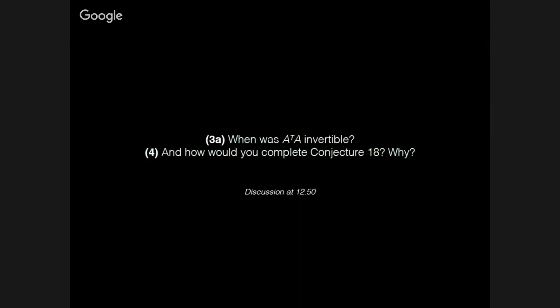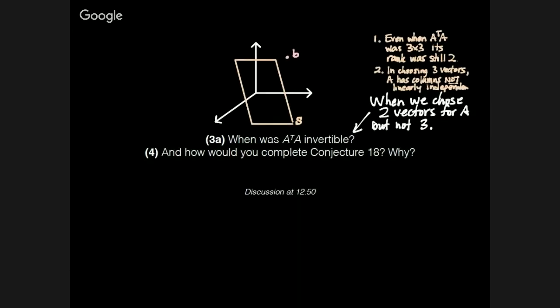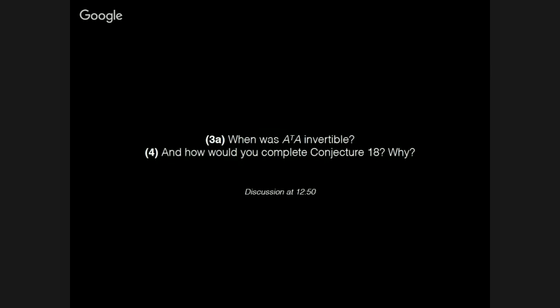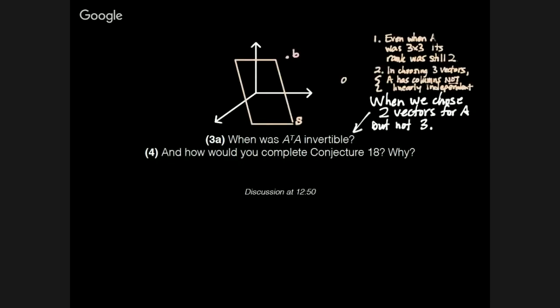So Jamie's observation is that the rank of A is still 2, even when A is the 3 by 3. In fact, even though I wrote A transpose A up here, we could actually just write A. Even when A had 3 columns in it, its rank was still 2. And the reason its rank is 2 is that there are in fact only 2 of the columns that are linearly independent from one another, not all 3.